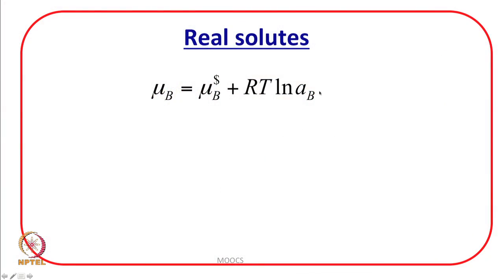Now for solutions in which the solute does not obey Henry's law, we will call those real solutes, and in place of mole fraction we will write activity. This is how one can determine the value of the activity. Then, if we connect this activity with the activity coefficient, activity is equal to activity coefficient times mole fraction.